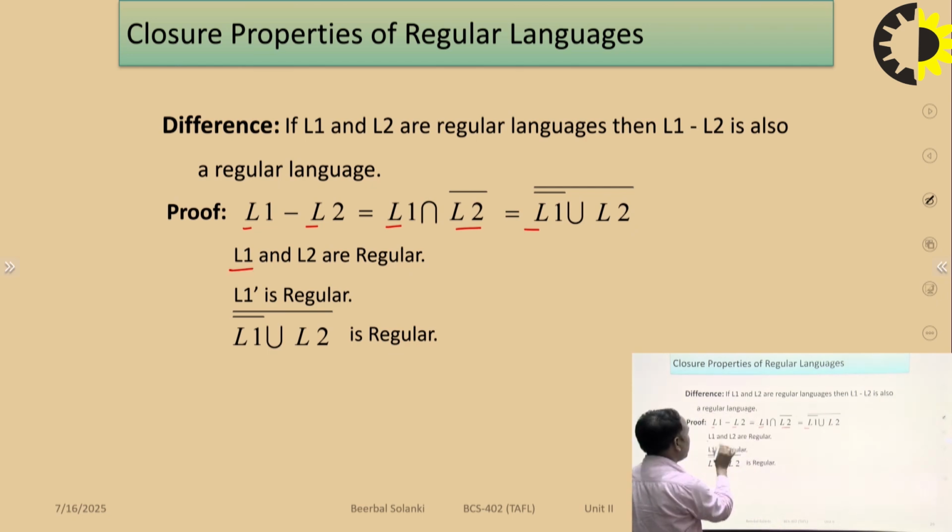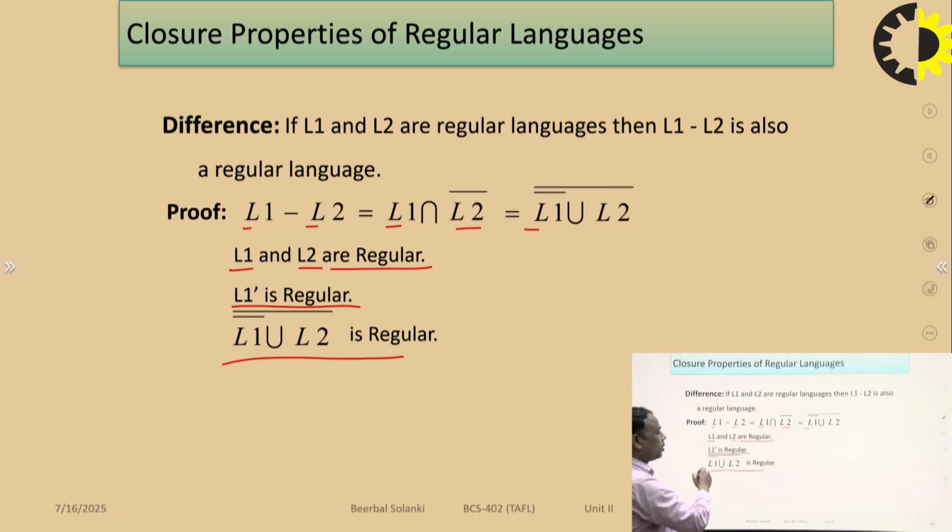L1 and L2 are regular, L1 dash is regular, and L1 complement union L2 complement, whole complement, is also a regular language. So difference is also under the regular language.